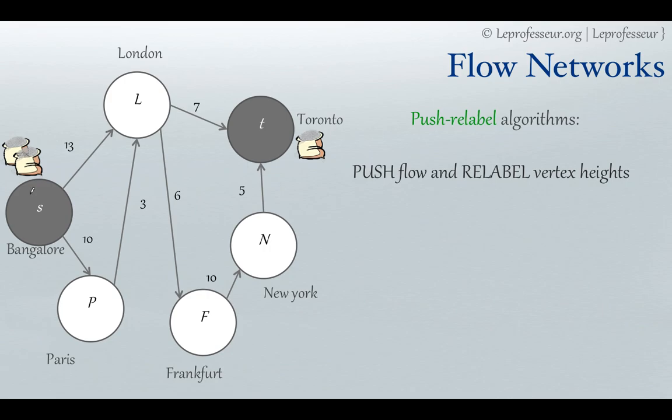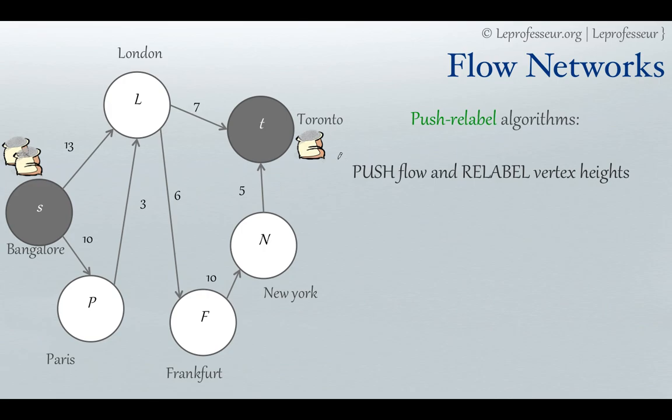Say for example, from Bangalore to London, you can only send 13 bags maximum. Similarly, on each edge in this directed graph, you have a capacity associated. The goal is to find the maximum value of the flow, or how many maximum bags you can transfer from Bangalore to Toronto via the different possible routes.